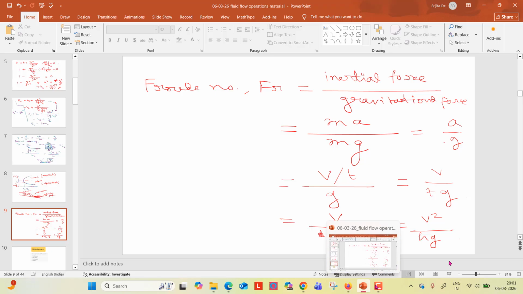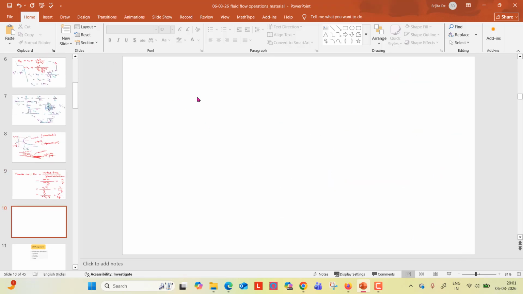And right now we have seen that v is the critical velocity. We have seen that vc, or the wave velocity, is root under g h.